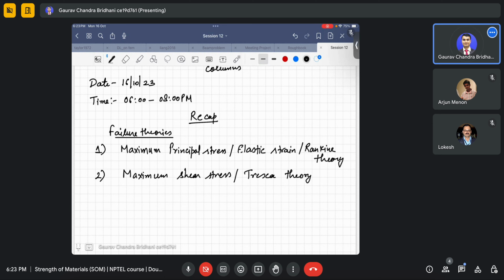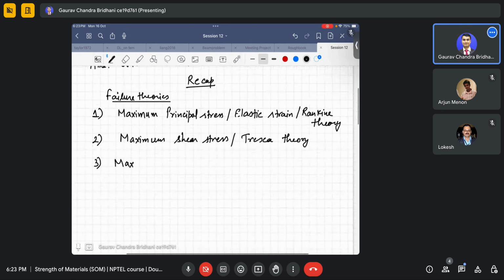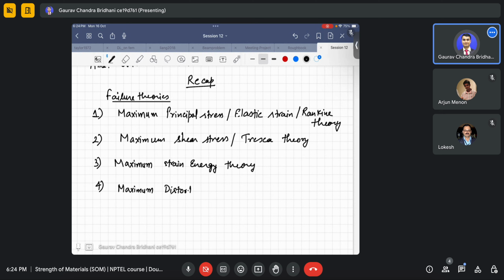Then we had the maximum strain energy theory, and then the maximum distortional strain energy theory, or distortional energy theory.